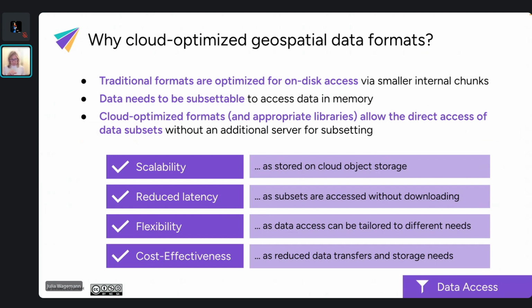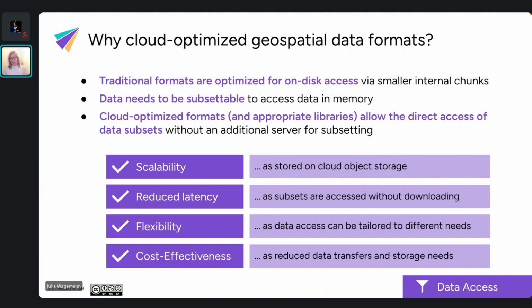But in order to access data in memory, the data needs to be subsettable, because the more data we want to access, the more data is loaded in memory. We have to be much more flexible in how we subset the data.